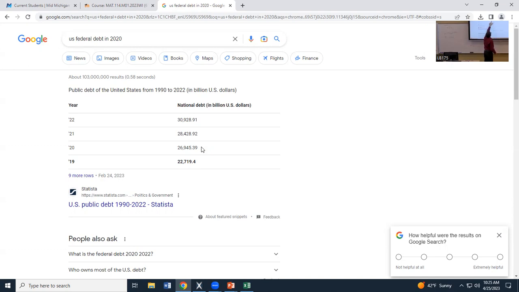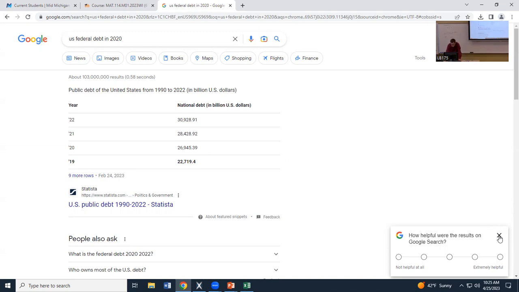And in 2021, it was about 28.428. So our model wasn't perfect, but it gave us a pretty good rough estimate, even though it's not perfect.